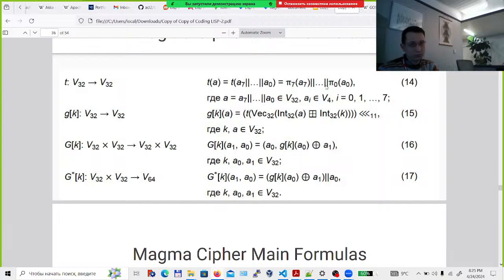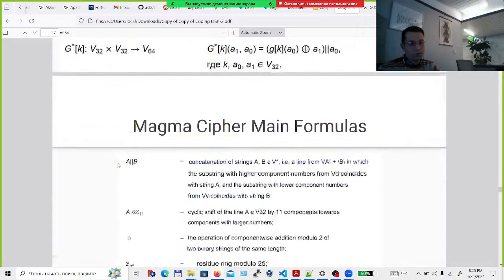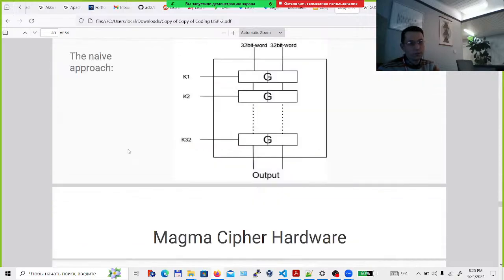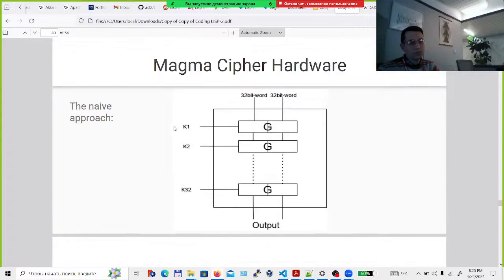So first step, second step, third step, fourth step, fifth step, and we do the same things every round. We can encrypt with K1, with K2, with K3, etc. After 32 rounds, in the end we get the output as an encrypted message. And we do the same thing in the reverse order for decryption, and the output will be the decrypted message. This is how it works.